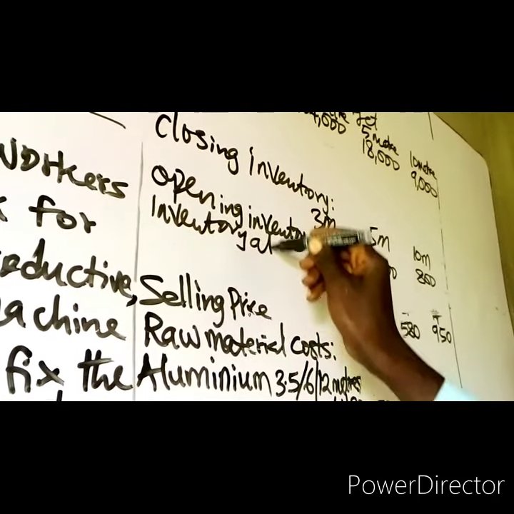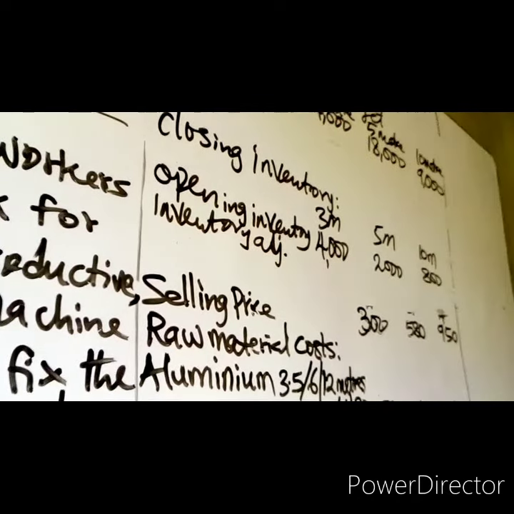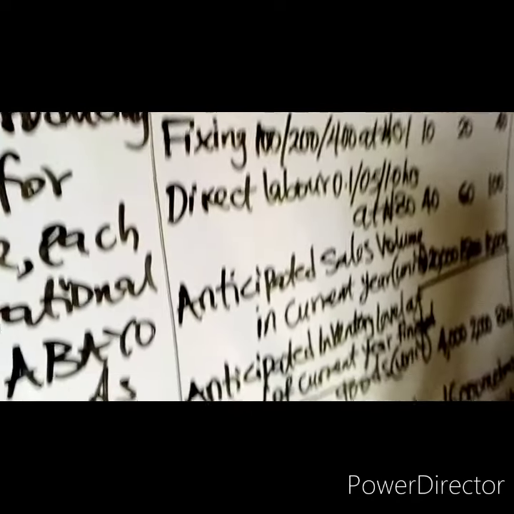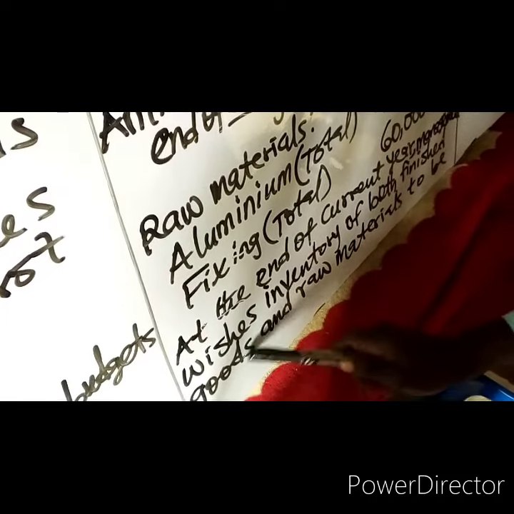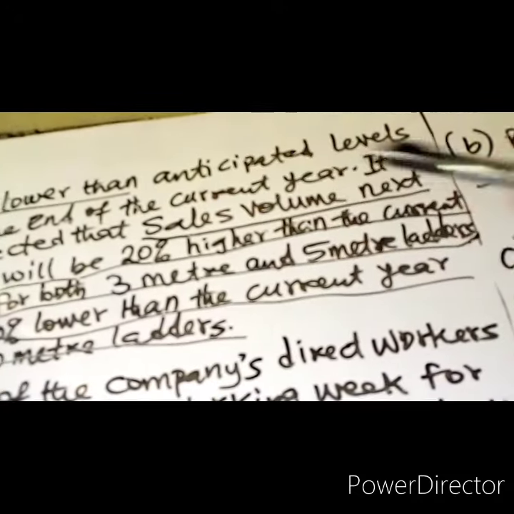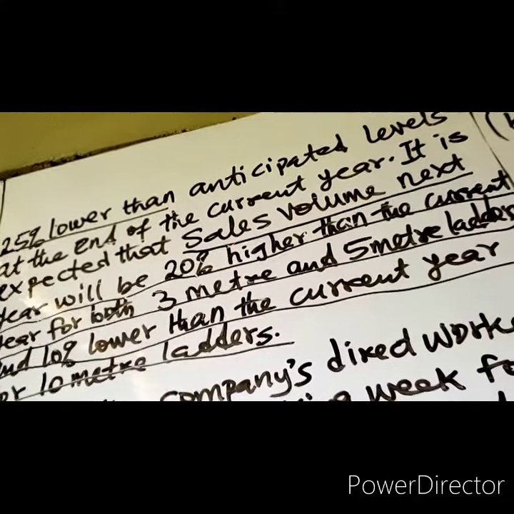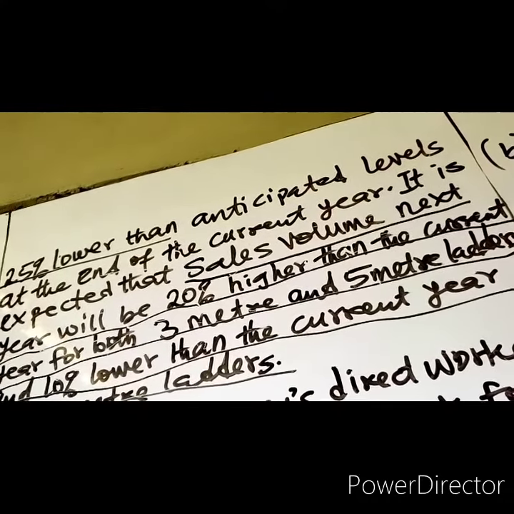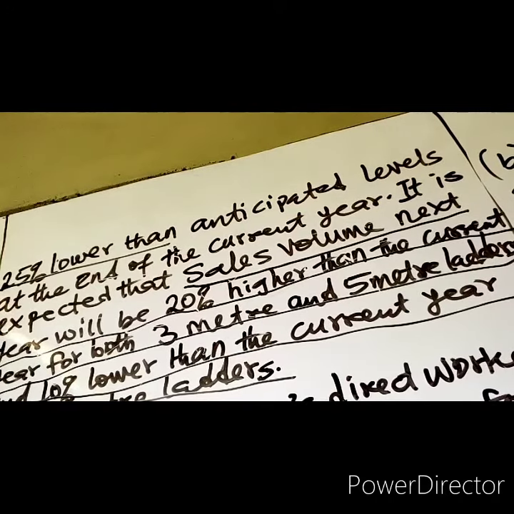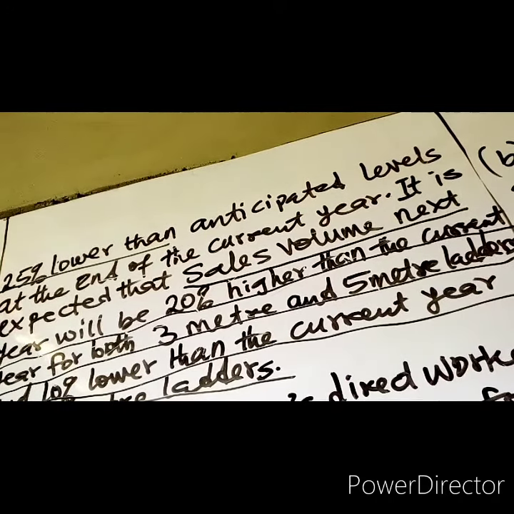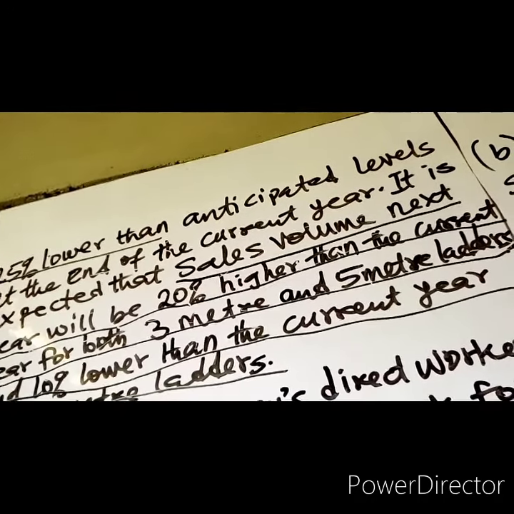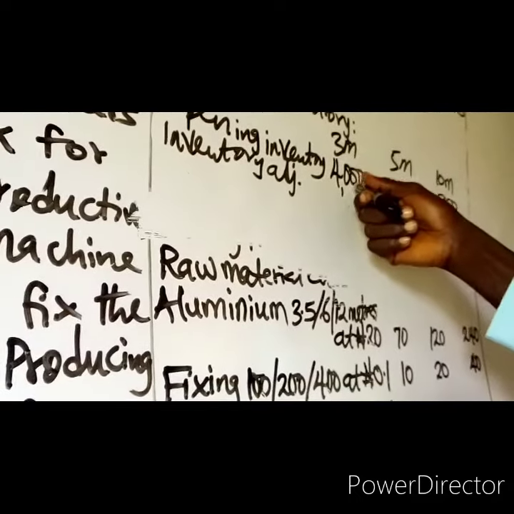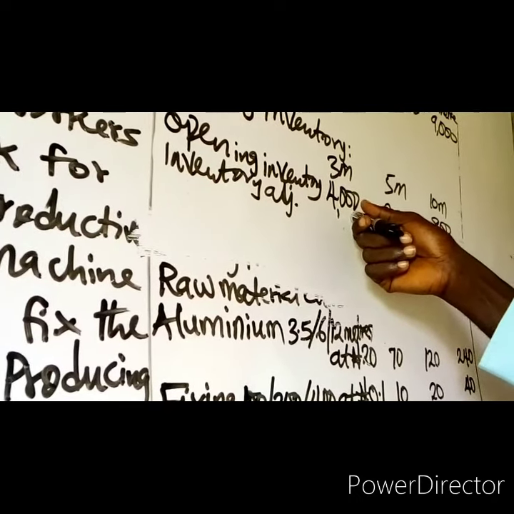Inventory adjustment. You were told that at the end of the current year, management wishes inventory of both finished goods and raw material to be 25% lower. If the current year inventory is 100% and it is 25% lower, that means you subtract 25 from 100.